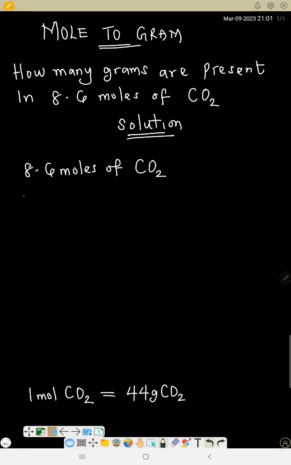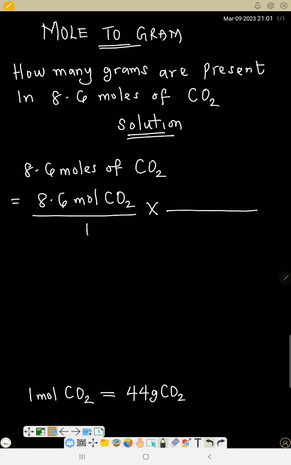So that means this will become 8.6 mole of CO2 over 1 times, now 1 mole of CO2, so I'm placing mole of CO2 under, will give me 44 grams of CO2. So that mole of CO2 will cancel mole of CO2.